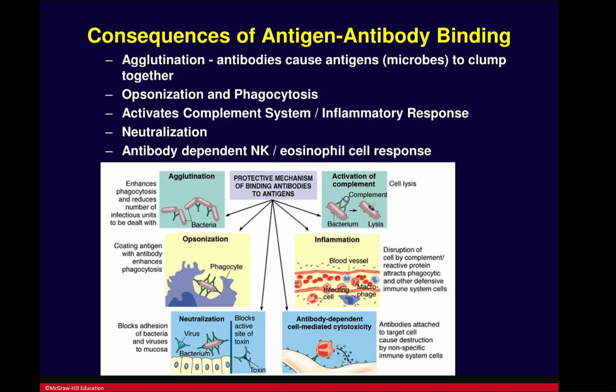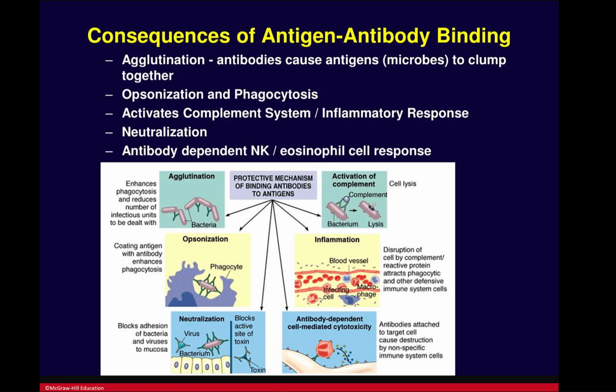Other words that we're going to talk about are opsonization and phagocytosis. Opsonizing is covering bacteria, or whatever the foreign substance, with antibody, and that's the process of opsonization. And that enhances phagocytosis because the Fc portion, or the very bottom of the antibodies, is conducive for phagocytic cells to stick to and bind.